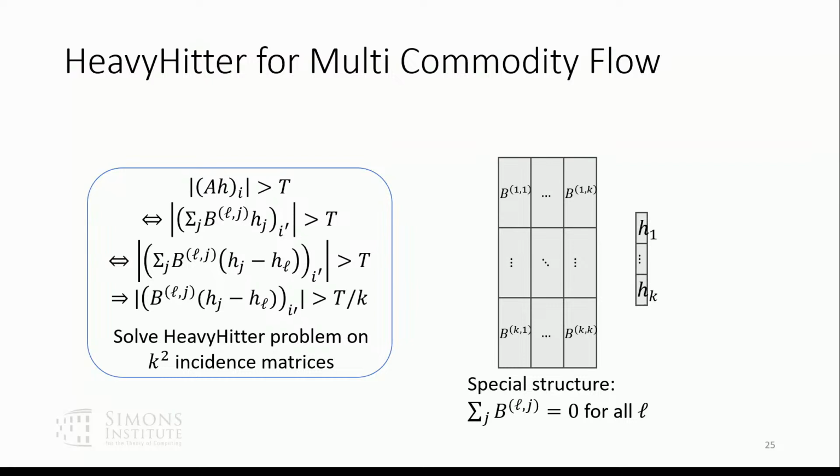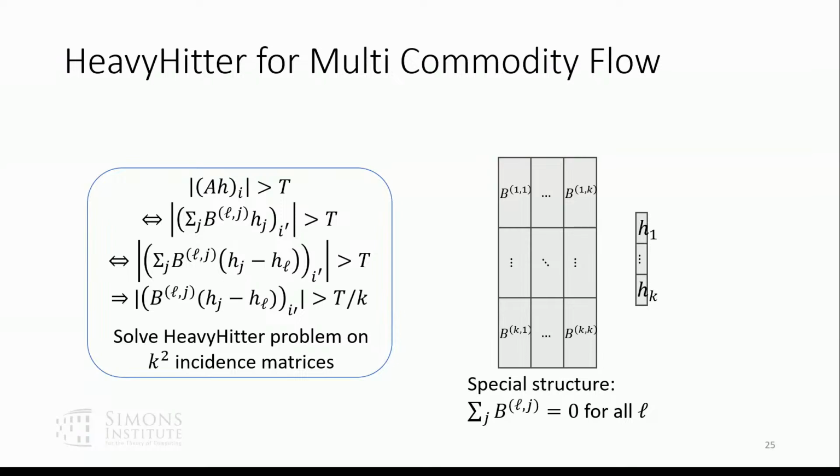All right. One of the special structures is that, let's see if that follows from here. I hope it does. The sum of these incidence matrices is equal to 0. So if I have this extra term here, which is always multiplied with B, and I have a sum over j, I'm really just adding a 0 here.